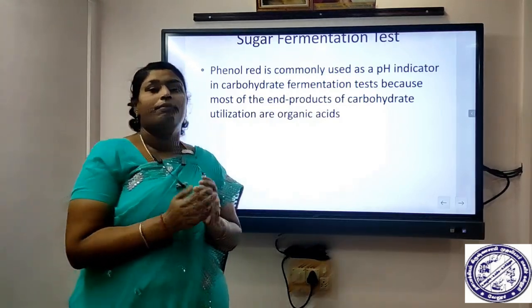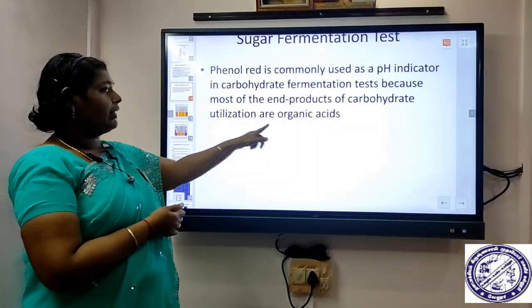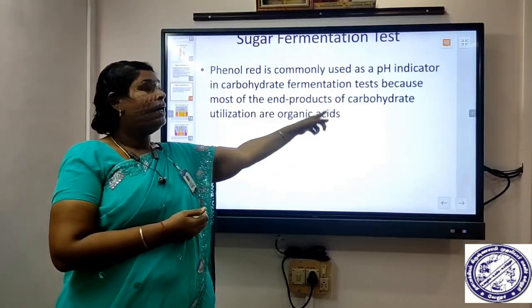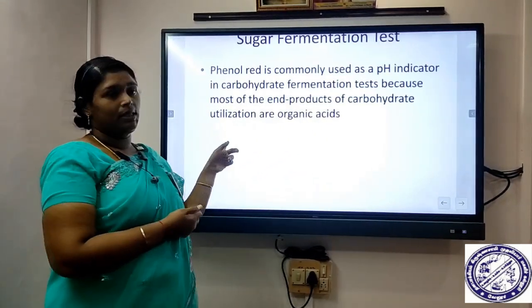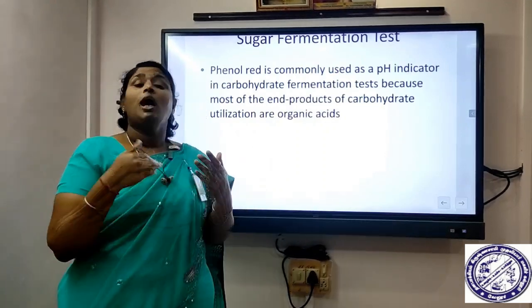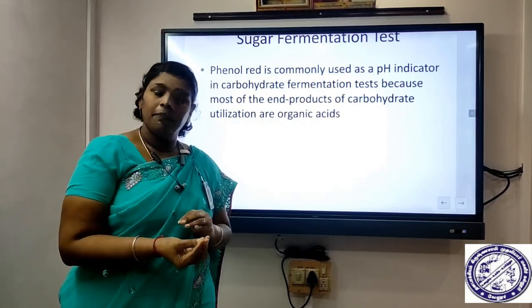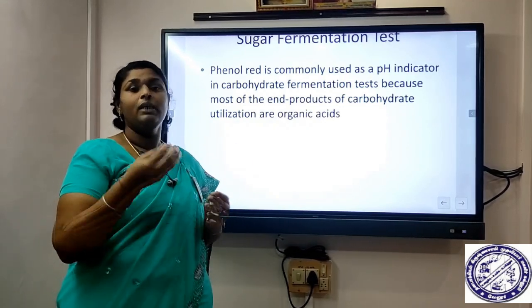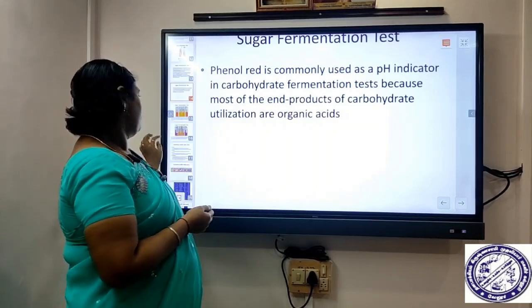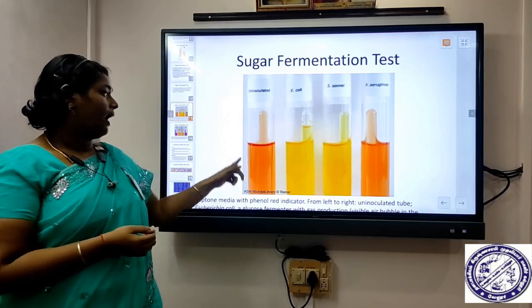So that phenol red definitely changes the pH of the medium. So the organic acids produced due to carbohydrate utilization will be easily detected by the phenol red indicator. Other than phenol red, we can use bromocresol purple for the detection of sugar fermentation.